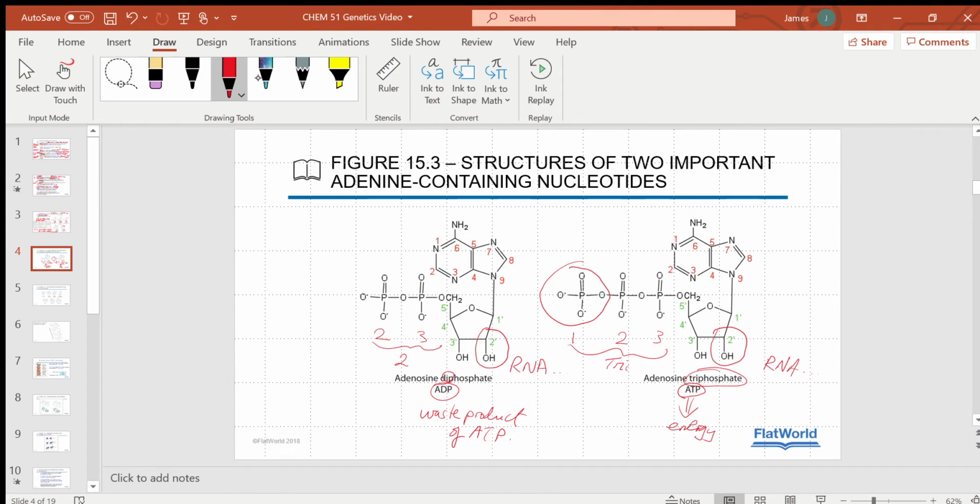And we can see why ATP is an energy source. We've got these negative charges here. So we've got electrostatic repulsion. If you consider just basic Coulomb's law, like charges repel.